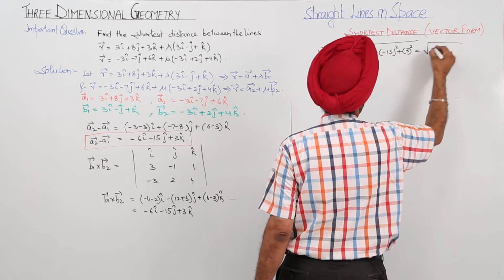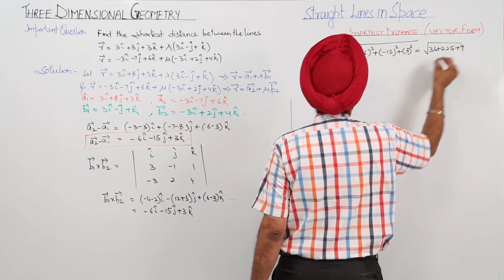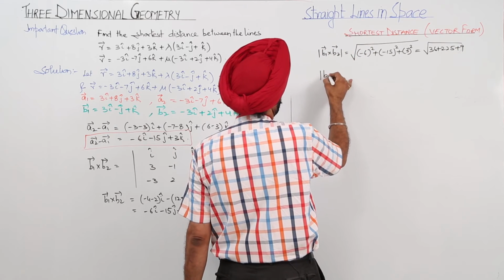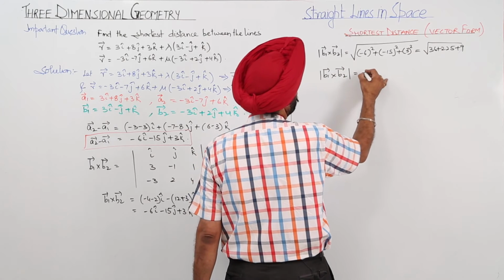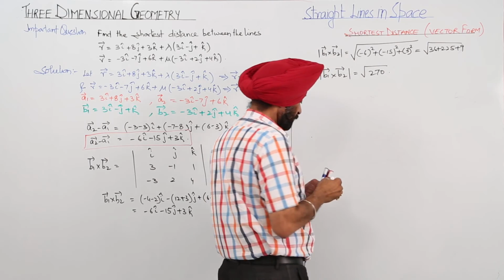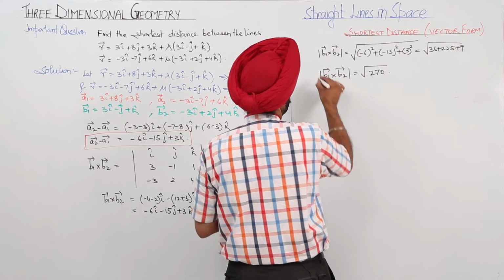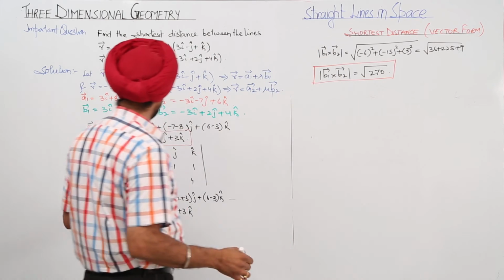This is equal to 36 plus 225 plus 9. So b1 cross b2, its magnitude is square root of 270. First of all, we got this thing.